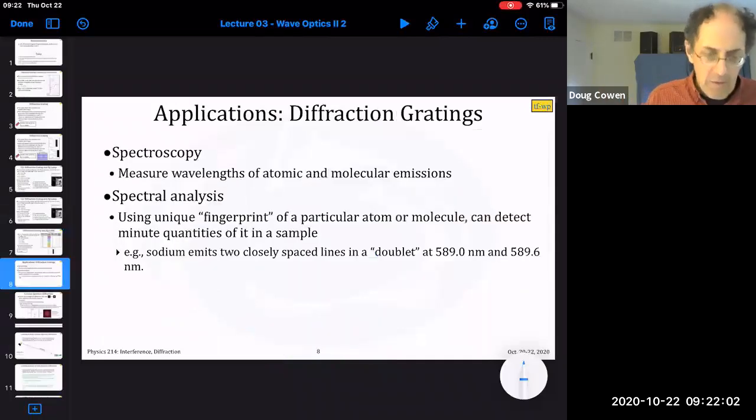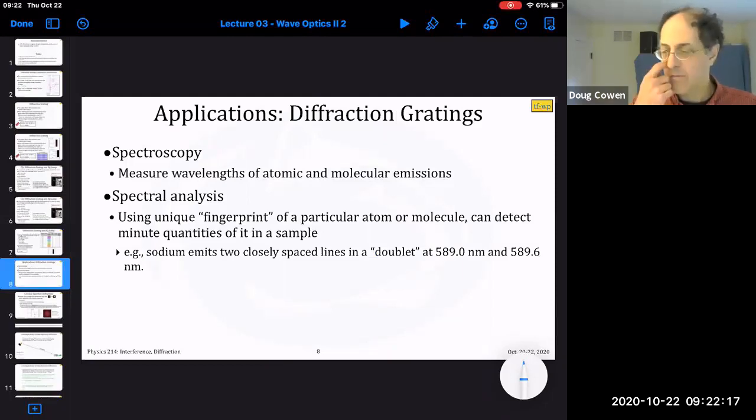Okay, so some of the applications of diffraction gratings are in a field called spectroscopy. And this is such a powerful tool that spectroscopy is almost a field all by itself. It's a field where you measure the wavelengths of the emissions from atoms and molecules, and you determine what's in a particular sample, because every atom and molecule has a unique fingerprint of wavelengths of light that it puts out.